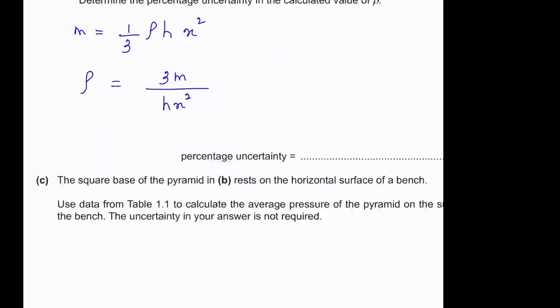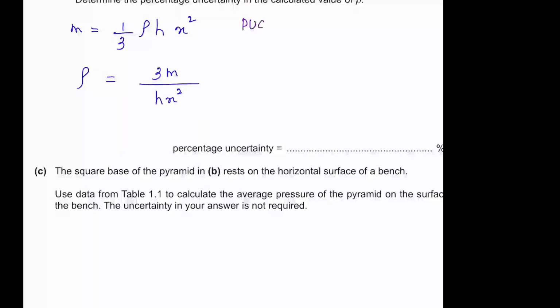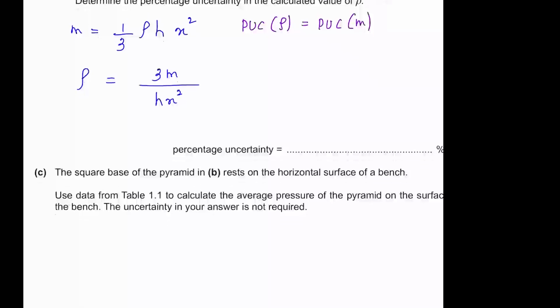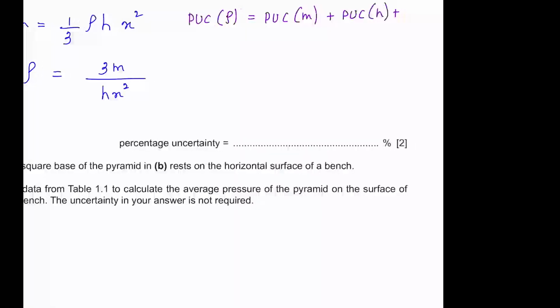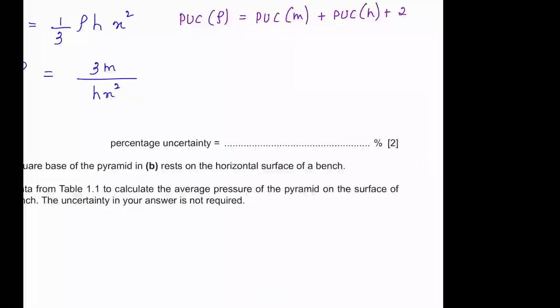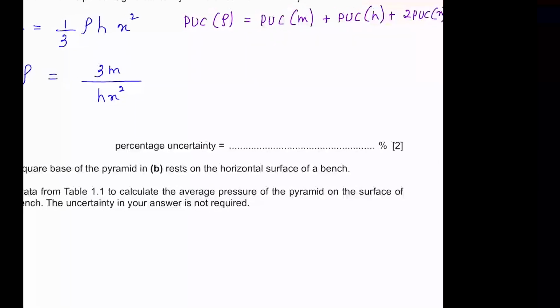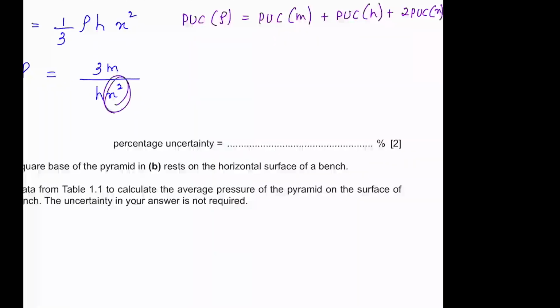So the percentage uncertainty of ρ is equal to the PUC of M plus the PUC of h plus 2 times the PUC of x. It's 2 times the PUC of x because of x squared.